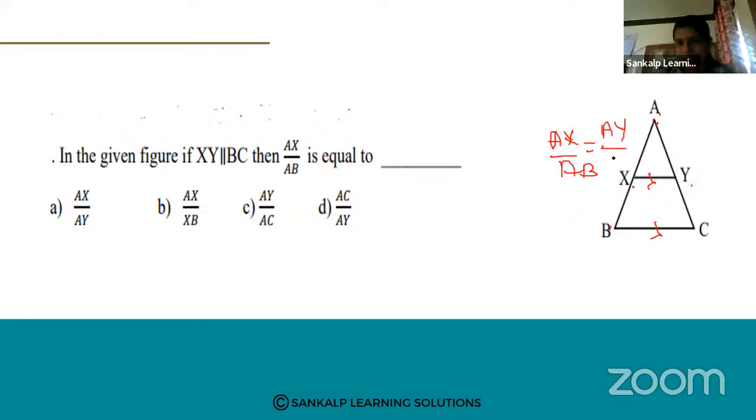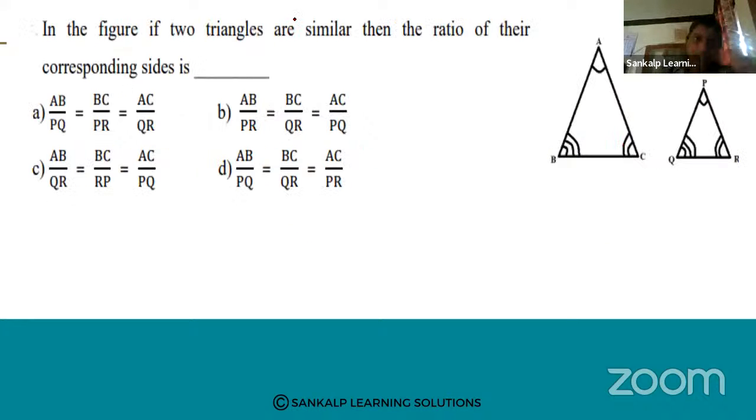The same relation continues on the other side. If you take AX divided by XB, then AY divided by YC. If you take AX divided by the whole line AB, then AY divided by AC. So where is AY divided by AC? This is option C. This option is right.